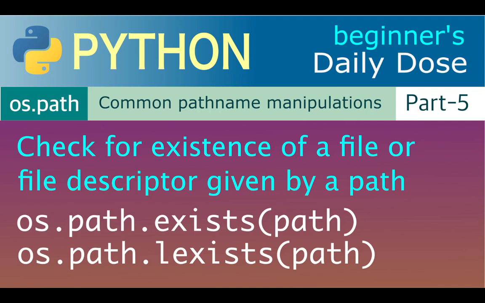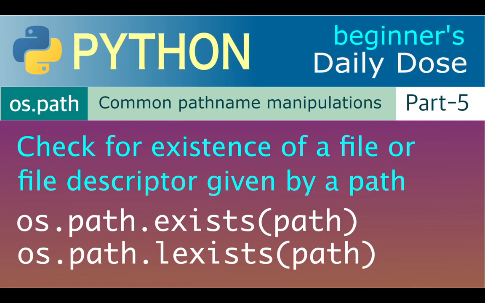If you have not watched the previous 4 parts, where I have discussed some other functions from this module, for example os.path.expanduser, expandvars, splitext, commonprefix, commonpath, and a few more, I highly suggest that you also watch the previous 4 videos on some other functions defined in the module os.path. All functions defined in this module are related to common path name manipulations.